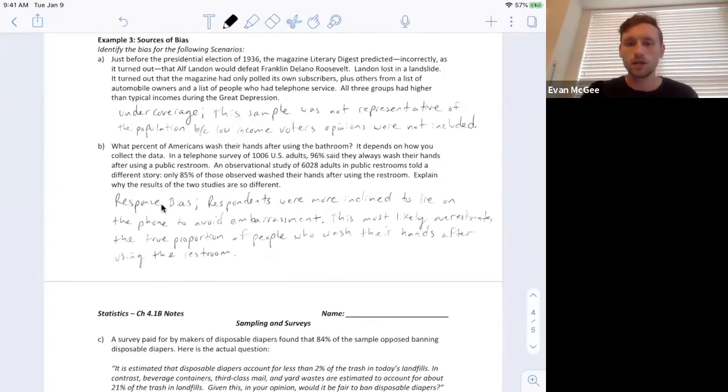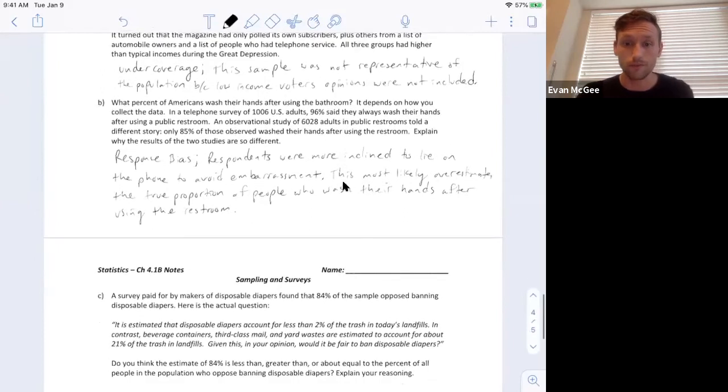So again, it's response bias. And I also forgot to say that it most likely overestimates. We do need to make sure we're saying if it's going to be an over and underestimate based on the bias. Also, I think this probably breaks some laws. I doubt they can actually do an observational study in the bathroom. So not sure if you caught that.